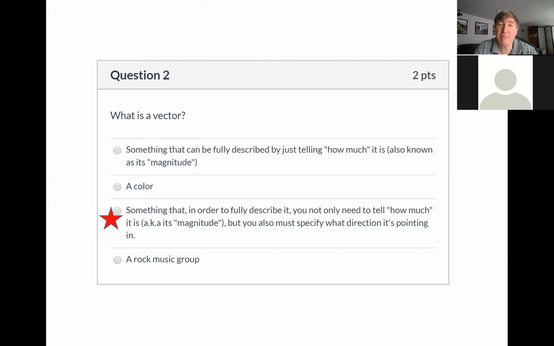If I just say that I'm pushing on some object with 2 newtons of force, I have not told you everything you need to know. I also need to tell you what direction I'm pushing in, because it makes all the difference in the world if I try to add my force with somebody else's force and we're not pushing in the same direction. So make sure you guys know what vectors are.